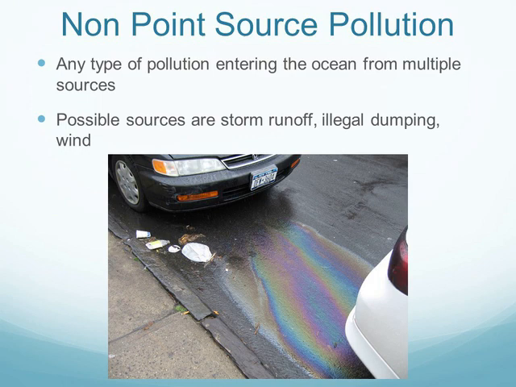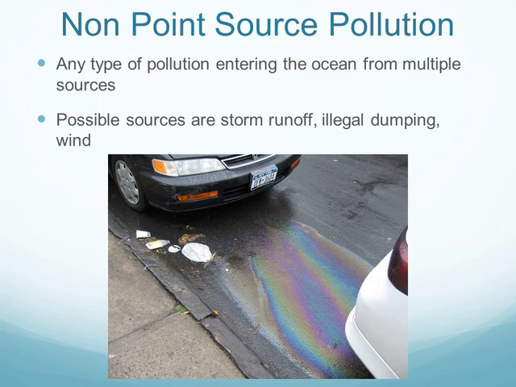And let's say in the next few minutes that black car leaves, but the oil doesn't leave with the car. The oil stays there. The next time it rains, that oil is going to get washed into the storm drain, and then it's eventually going to make its way into the ocean. Even though the black car is not there anymore, we know that the oil came from the black car, but once the oil gets into the ocean, we don't know where it originated from, right?